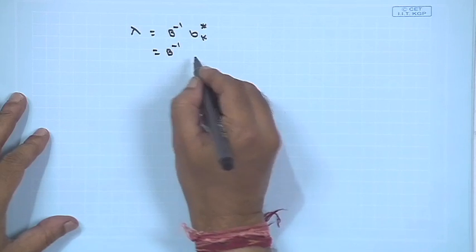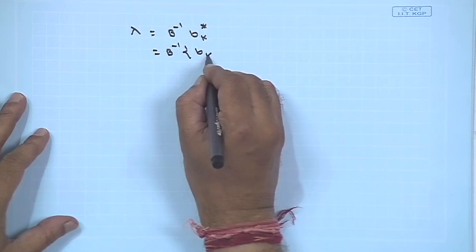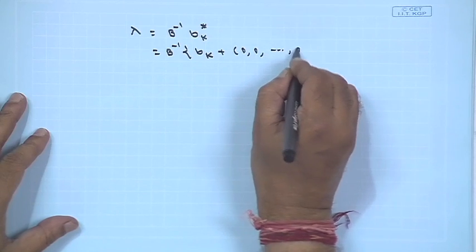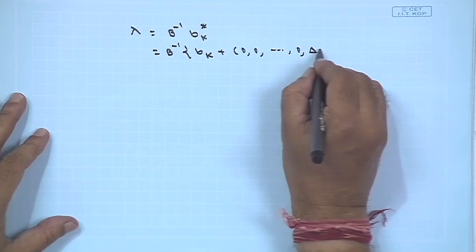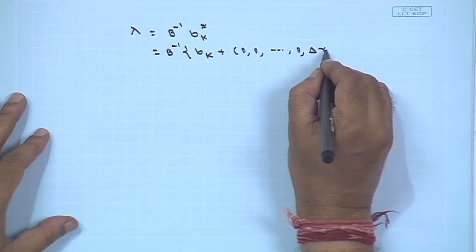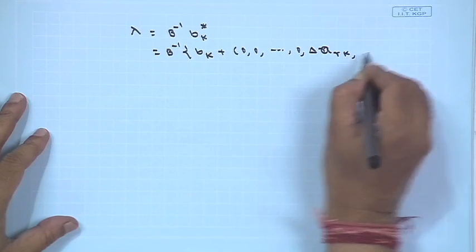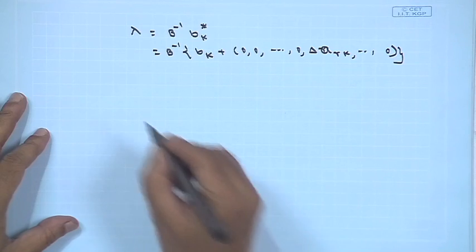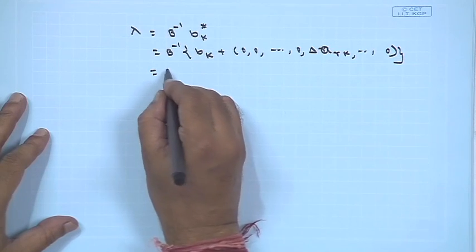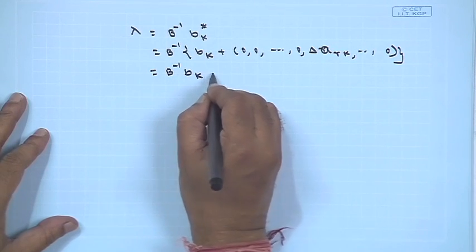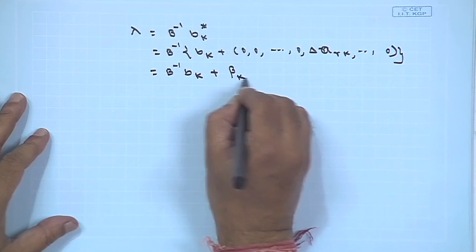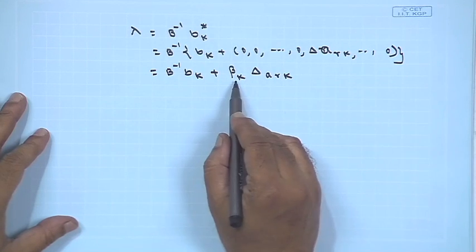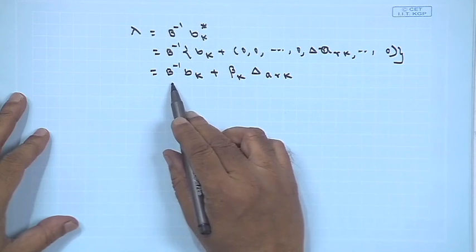B k star I can write as B k plus this vector, in the kth place it will be delta A r k, and the rest are 0. So, it is nothing but B inverse B k plus beta k into delta A r k, where again beta k is the kth column vector of B inverse.